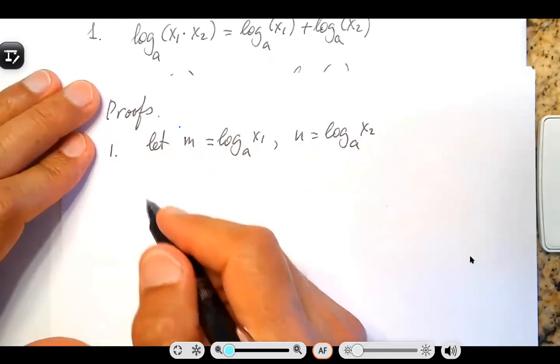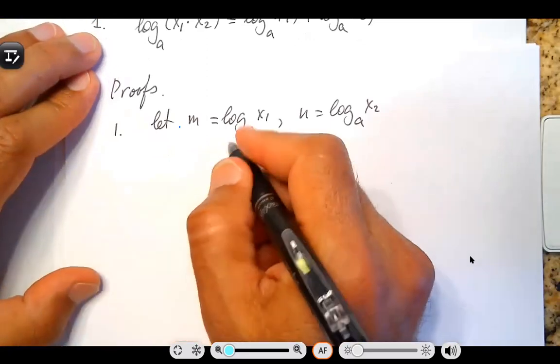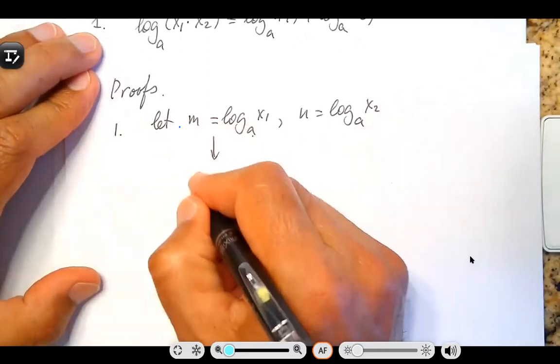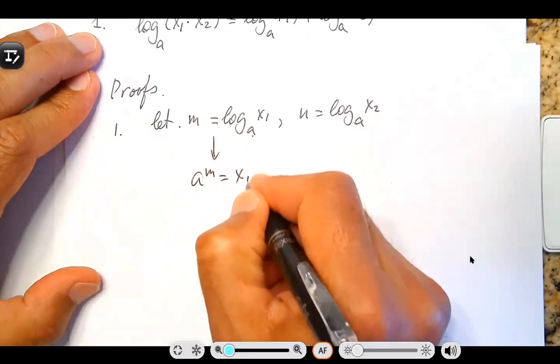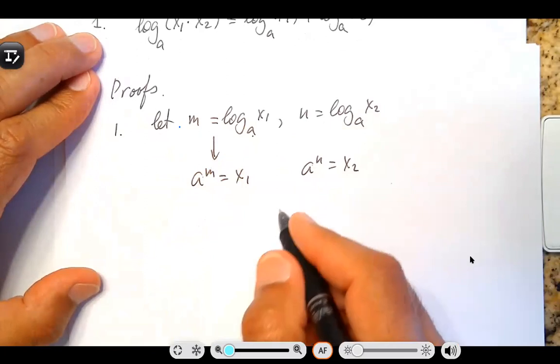Remember, a logarithmic statement means what? Exponential. So it means a to the m equals x sub 1. Over here, a to the n equals x sub 2.